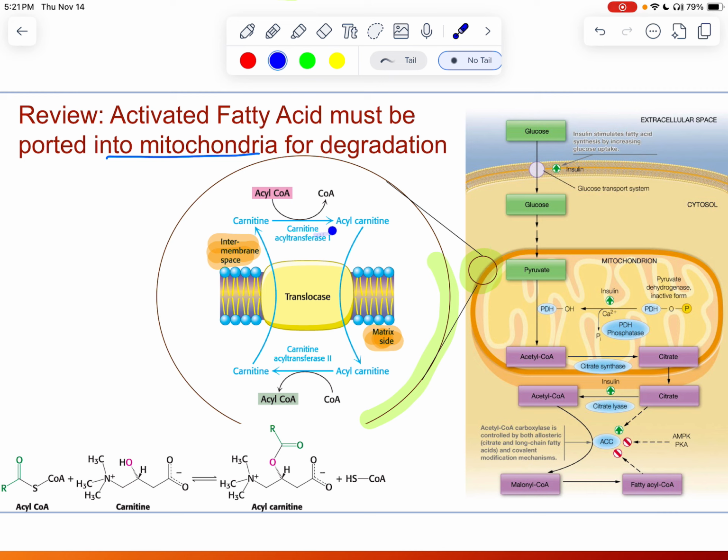Those are our enzymes for this process. So to have degradation, we have to get those acyl groups into the matrix, and we do that using this carnitine acetyltransferase enzyme.